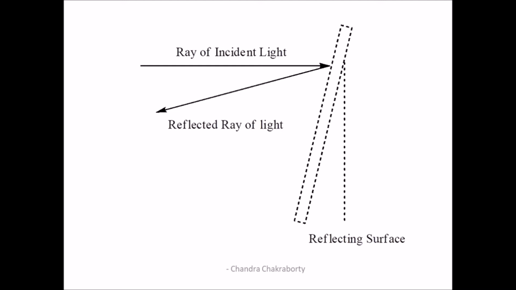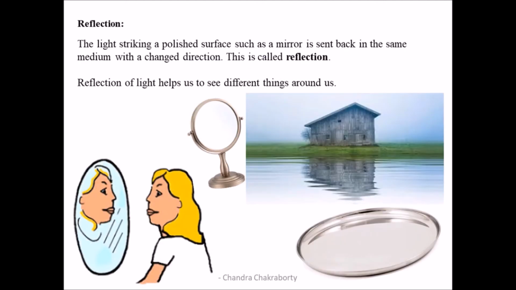So this phenomenon is called reflection. The light striking a polished surface such as a mirror is sent back in the same medium with a changed direction; this is called reflection. Reflection of light helps us to see different things around us. Even some phenomena like twinkling of stars and image formation by a mirror are all due to reflection.